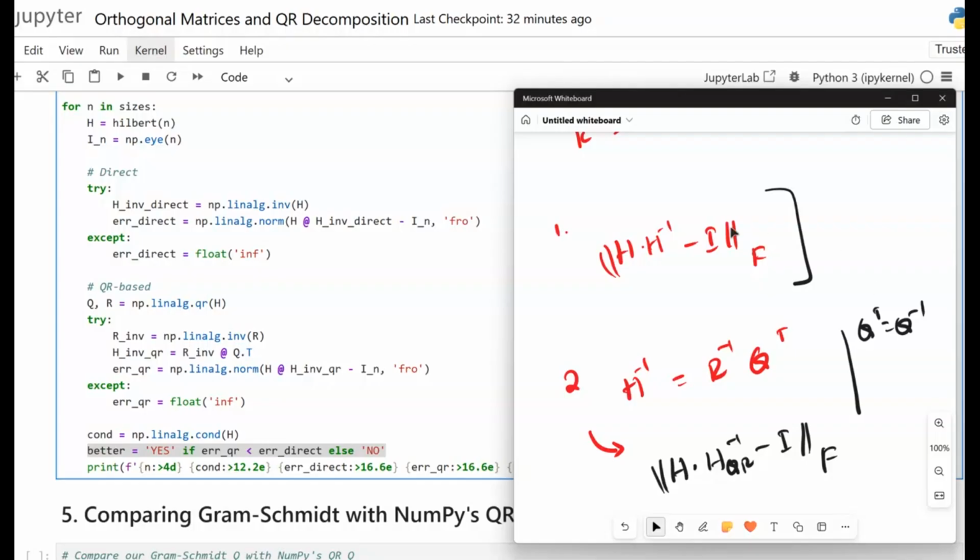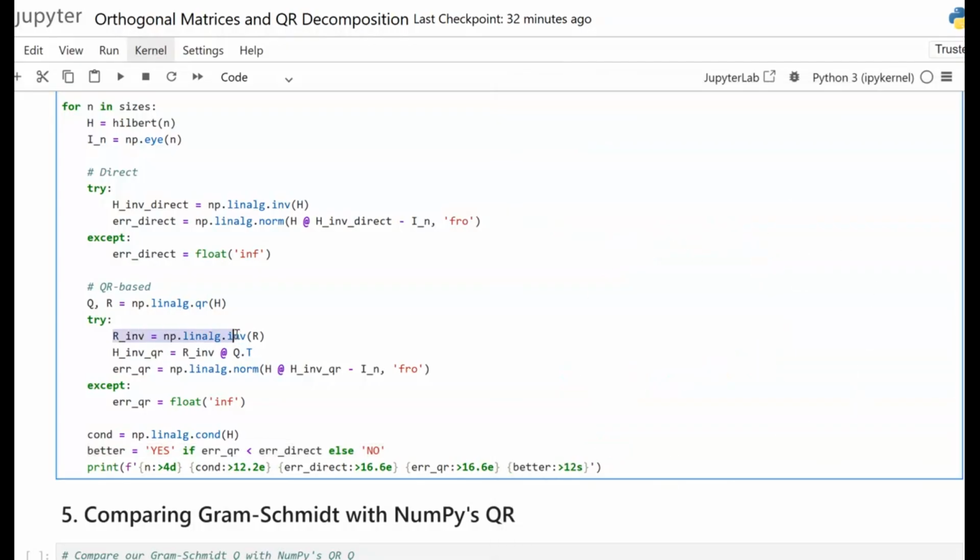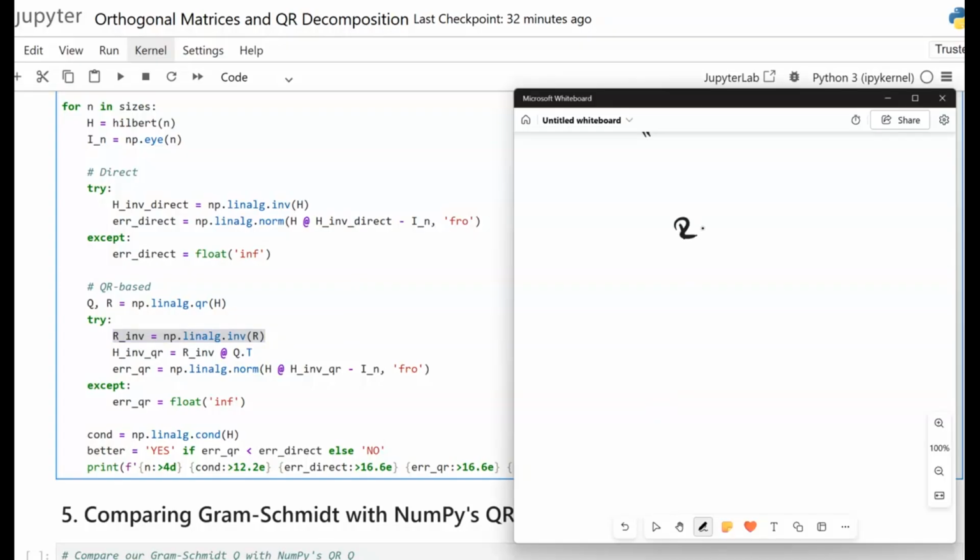And one more important thing I want to specify: this is still performance of explicit inverse, so this is not the most stable QR based approach. A better method is solving Rx equal to Q transpose b using back substitution.